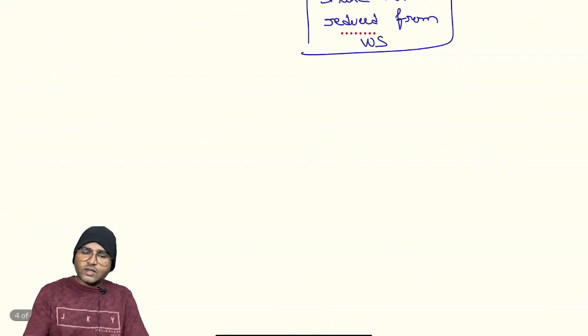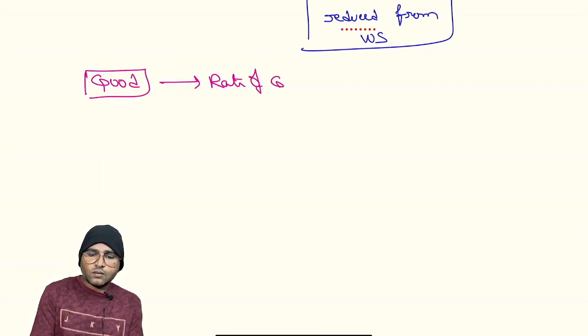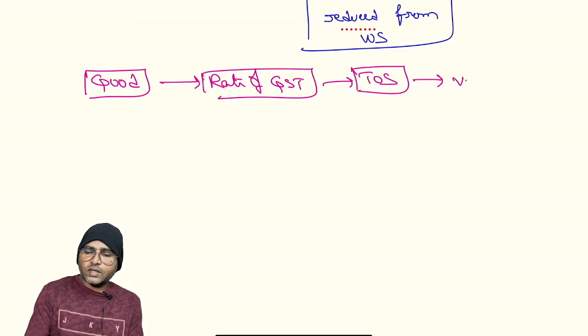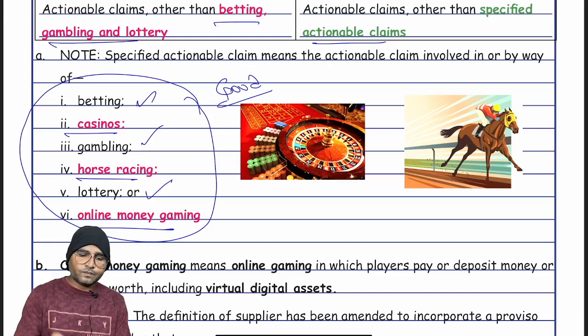With this small amendment, we discussed the definition of good, the rate of GST, the time of supply, and the value of supply. Please pause the video and go through it once.